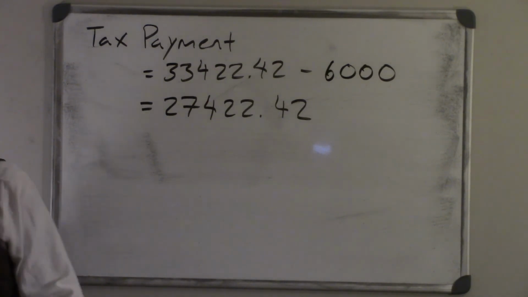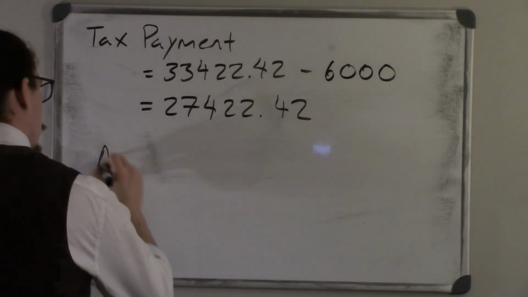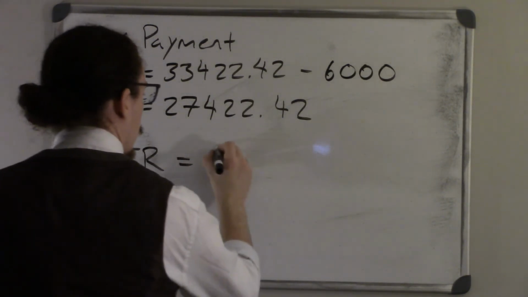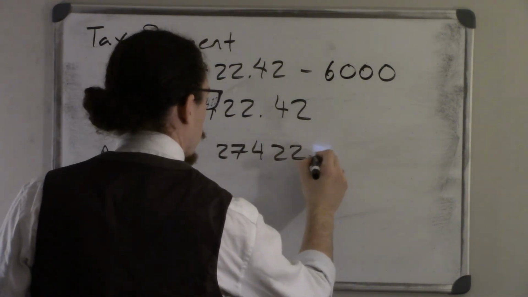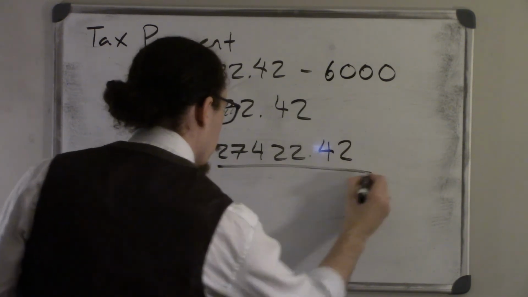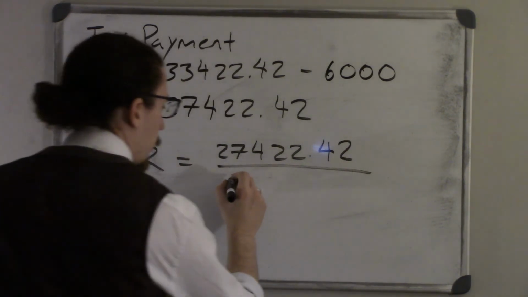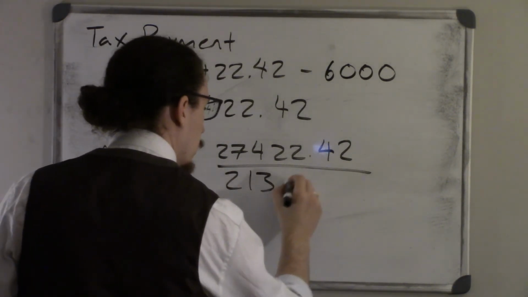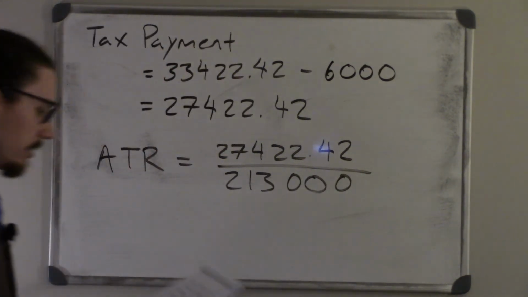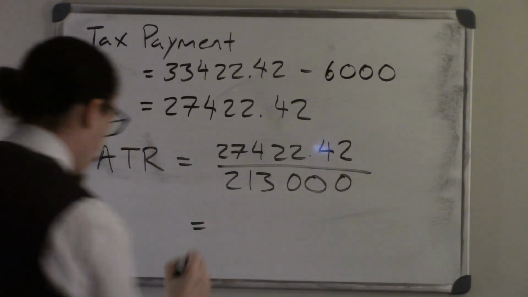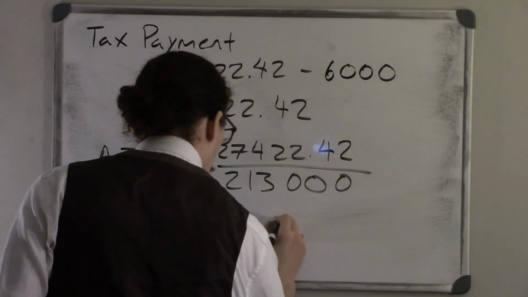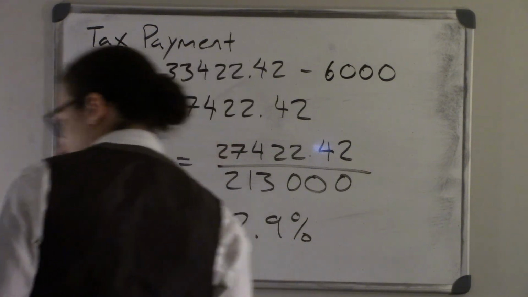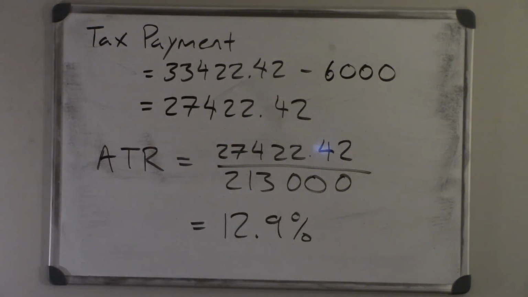And now that we have that tax payment, we can find our average tax rate by taking our tax payment, $27,422.42, and dividing it by our total income, which was $213,000, and that is going to give us an average tax rate of 12.9%.